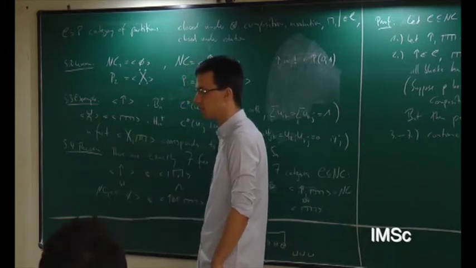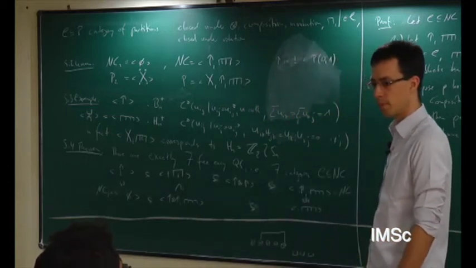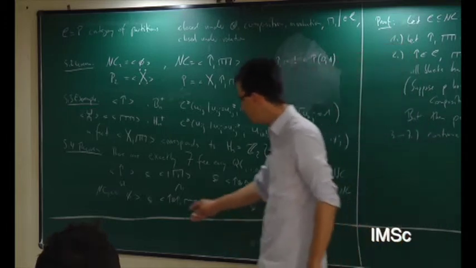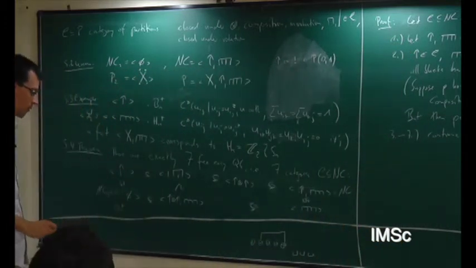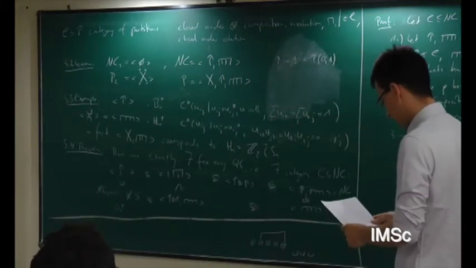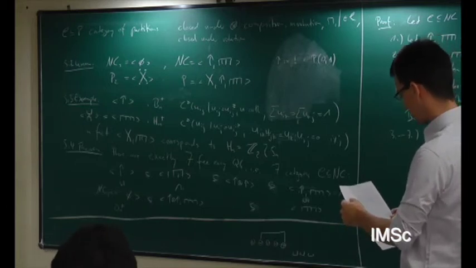NC2 is a subgroup, right? What is NC2? NC2 stands for ON+. Right, so there is a subgroup. But do they all have some common subgroup? Let me see if I got my picture right.